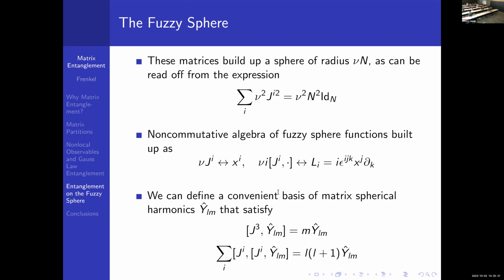And one can define a basis of matrix spherical harmonics that satisfy the fuzzy versions of the usual definitions of spherical harmonics on the sphere, where instead of derivatives with respect to phi and theta, we have commutators with the coordinate matrices, which are the non-commutative analogs. I guess one way to get comfortable with the fact that commutators on non-commutative geometries should be derivatives is that commutators satisfy the Leibniz rule.